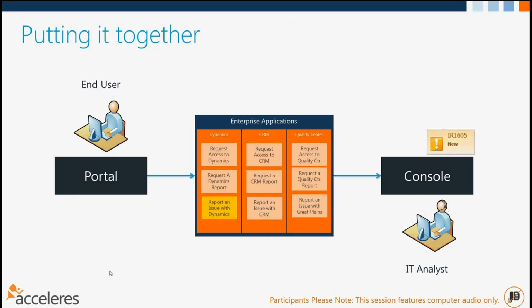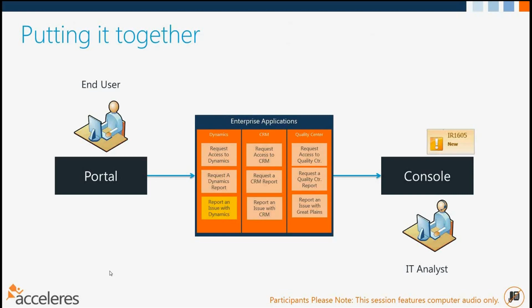So to put some context to this, or to use a real-world example, let's say that in our service catalog, we've got a category for enterprise applications. And we maybe have three service offerings within the category of enterprise applications. We have Dynamics, we have CRM, we have Quality Center.